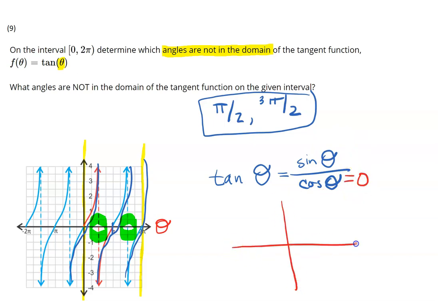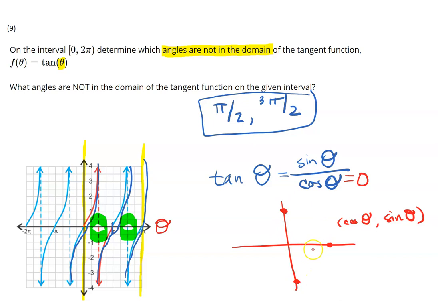So if you consider your trig circle, remember any dot or ordered pair on your trig circle is your cosine theta, comma sine theta. And so cosine is your x value as you're moving around. I want to figure out, when is that x value equal to 0? Well, it's going to be equal to 0 here and here.